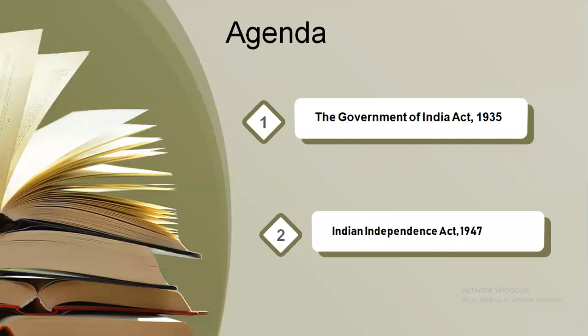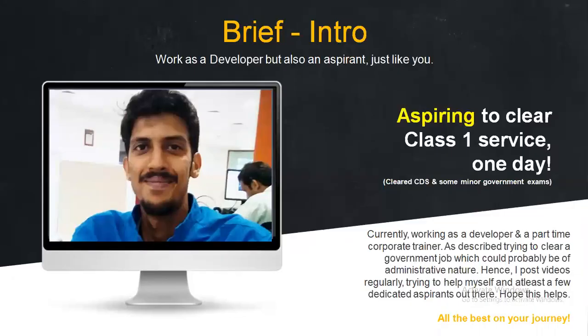Right now, it is time for us to look at Government of India Act 1935 and the Indian Independence Act 1947. I wanted to keep these two topics or these two acts separate because A, they are very long, and B, they've got a lot of provisions which can be confusing. So I wanted to make two different videos, one different video for these two acts. So we'll talk about these two acts in this video, right?